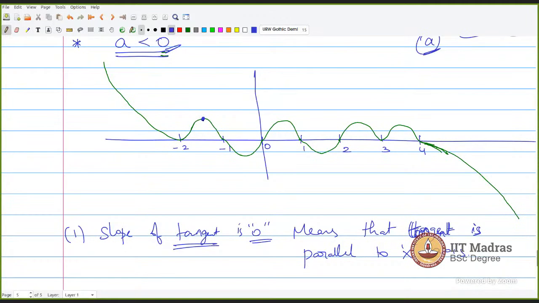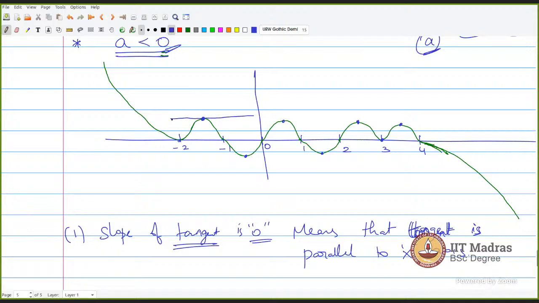When you consider these particular points, wherever the turning point is there, turning points are actually points where the nature of the graph changes. If you draw a horizontal line at the turning point, it's strictly horizontal to the x-axis. So when I compute the tangent at this particular point, I will get something parallel to the x-axis.